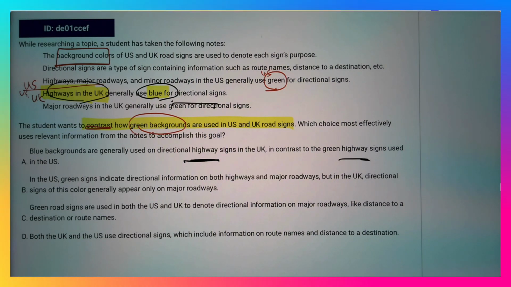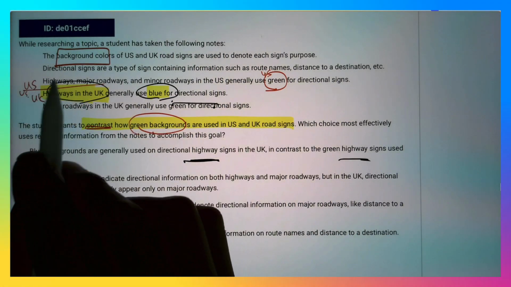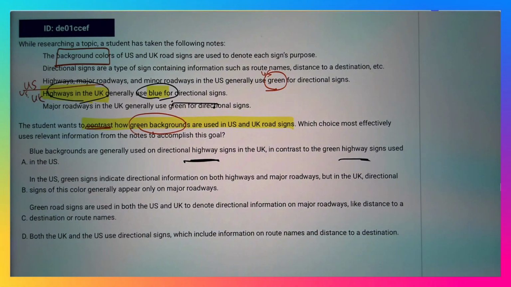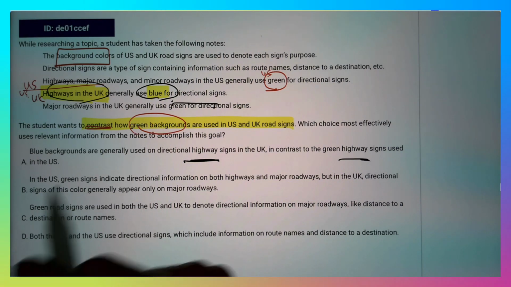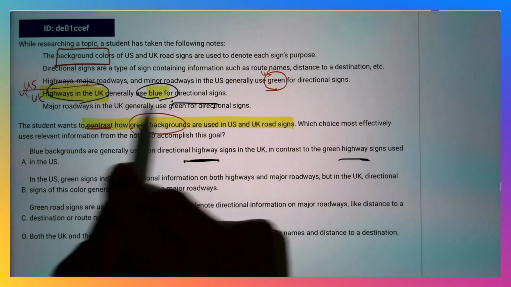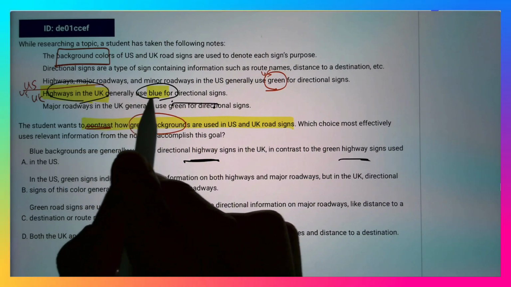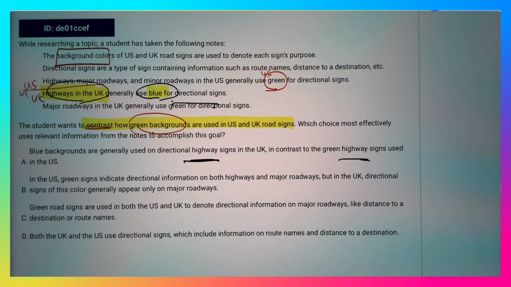Choice B, in the US, green signs indicate directional information on both highways and major roadways. That's true, right? Because highways, major roadways, even minor roadways all have green backgrounds on the road signs. But in the UK, directional signs of this color generally appear only on major roadways. So in line 4, which I made a black circle around here, highways in the UK generally use blue for directional signs.